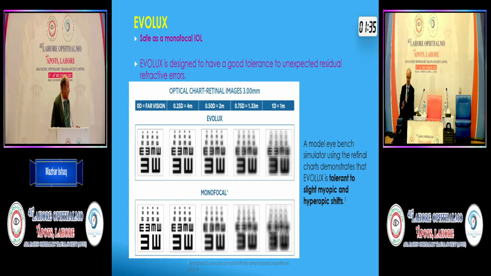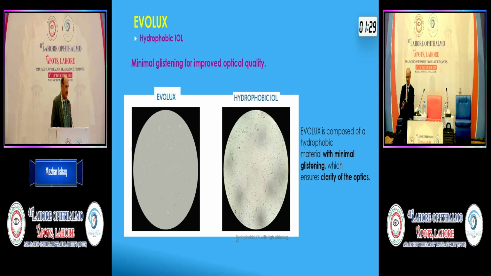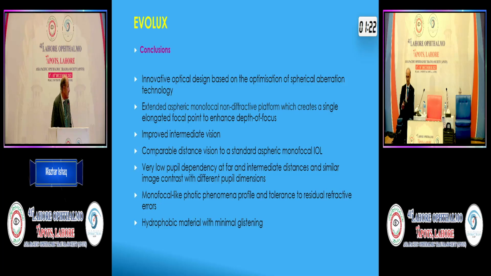Overall they say that the contrast sensitivity and everything is better. And the other thing is that the glistening which comes with the hydrophobic lens is not seen in Avalon's. So what we see is that the spherical aberration technology has improved the intermediate vision.